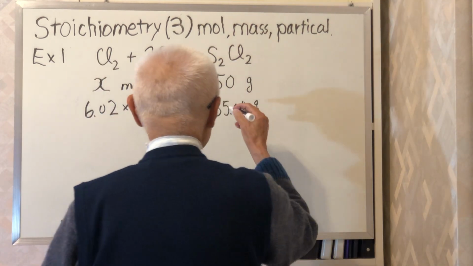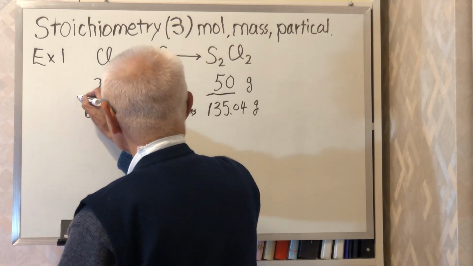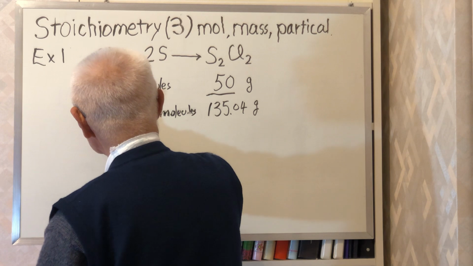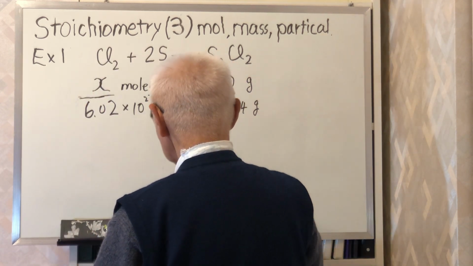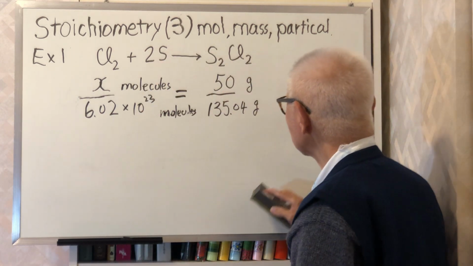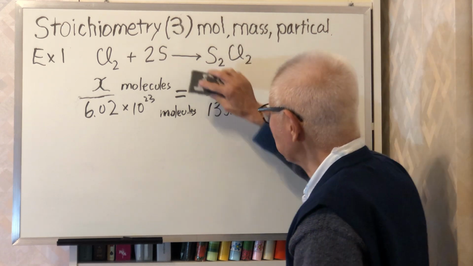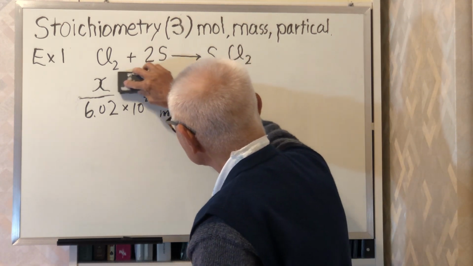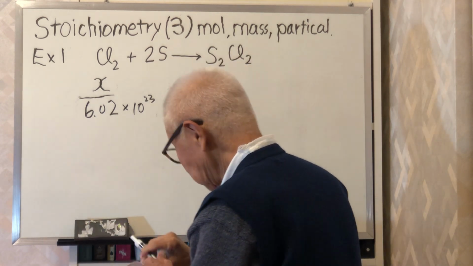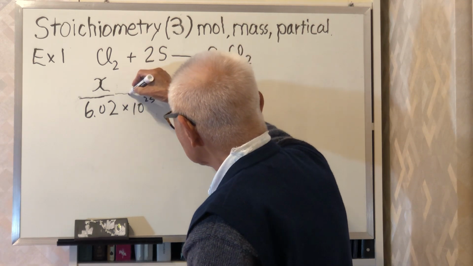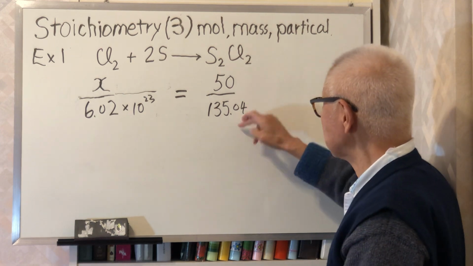Now once you have that, you put an equal sign here, and I don't need the unit anymore. So this is what I have: X divided by that is equal to 50 divided by that.